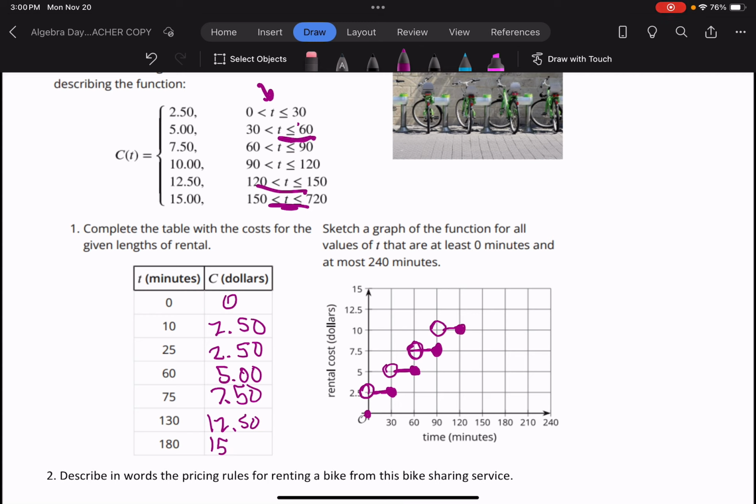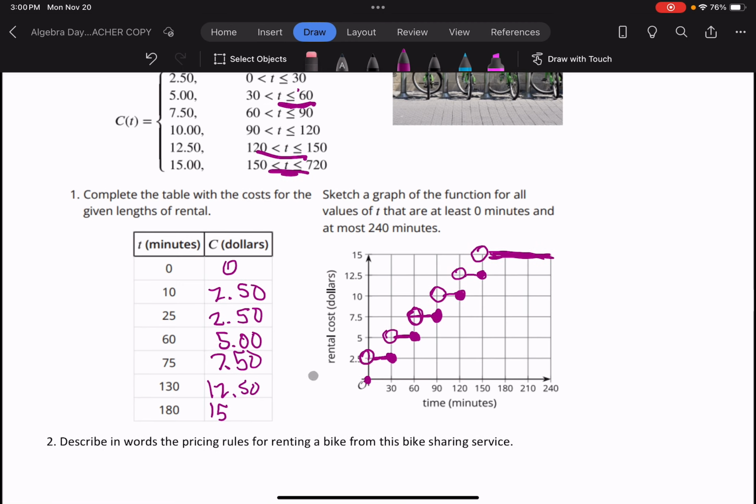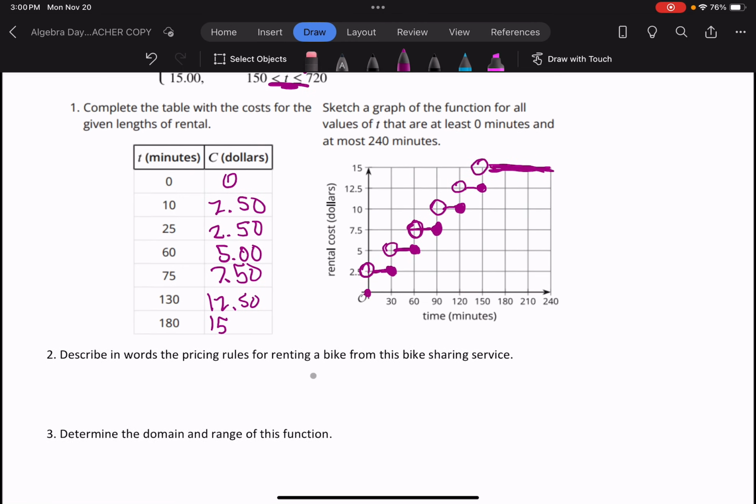Then it's $12.50 from 120 to 150, and then from 150 to 720. So after that period of time, it's always going to be 15. So this is going to continue to extend for the rest of the day. It would be $15.